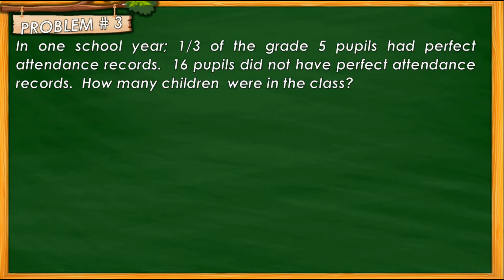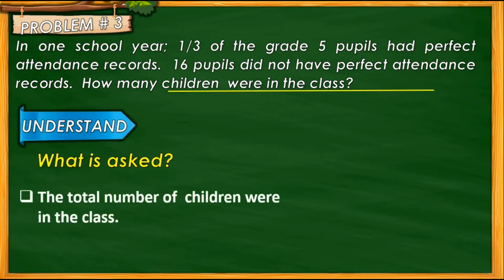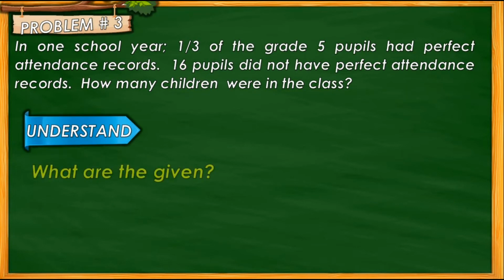Okay, let's proceed to problem number 3. In one school year, 1/3 of the grade 5 pupils had a perfect attendance record. 16 pupils did not have a perfect attendance record. How many children were in the class? Let's understand what is asked: the total number of children in the class. What are the given?